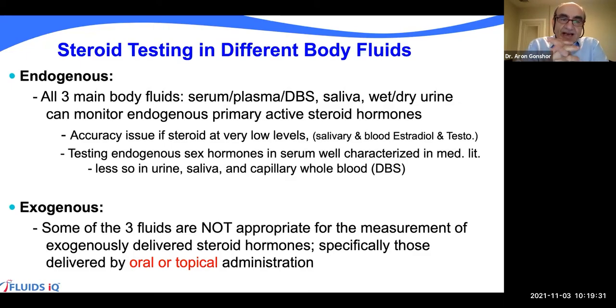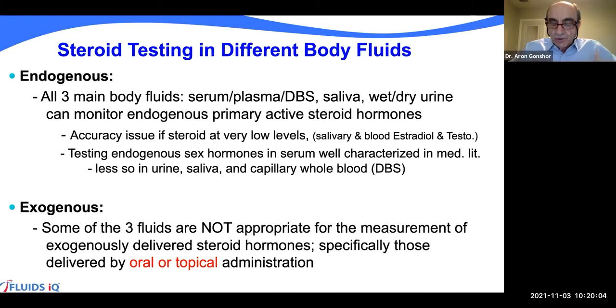So when you're looking at steroid testing, let's be very clear. Endogenous, that's what is produced by the body itself. All three of these main fluids, and even within them there are changes. We're talking about blood, which can be serum, plasma, or dried blood spot. That's called blood. Or saliva, that's number two. Or urine, which can be either wet or dry. All of these can monitor the endogenous primary active steroid.